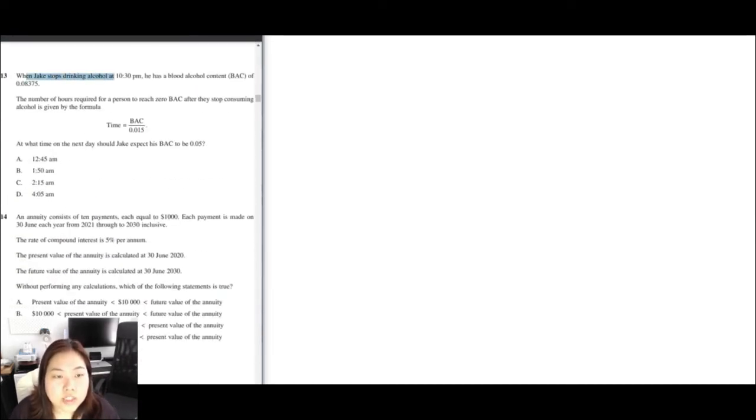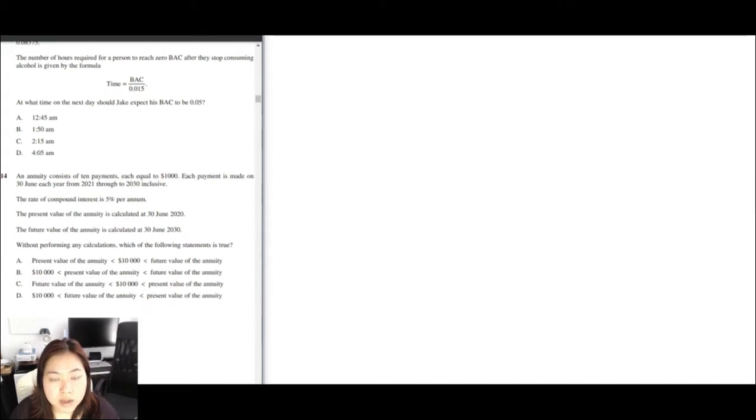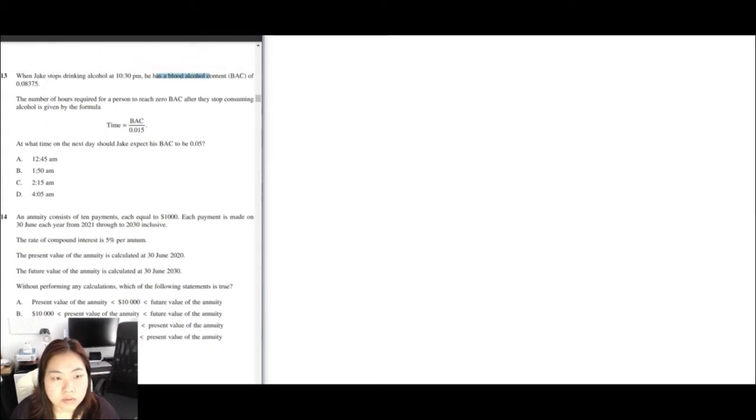13. When Jake stops drinking alcohol at 10:30 p.m., he has a blood alcohol content of 0.08375. The number of hours required for a person to reach 0 blood alcohol content after they stop consuming alcohol is given by this formula. At what time on the next day should Jake expect his BAC to be 0.05?